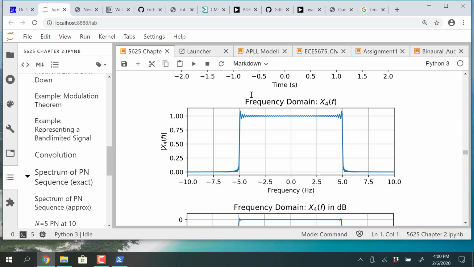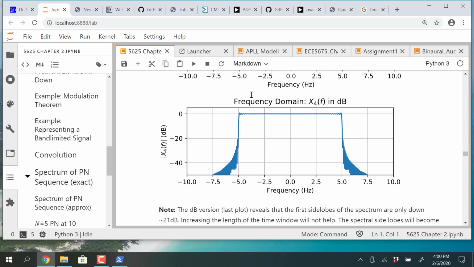At points of discontinuity, it fails to work properly. It has this ringing near that discontinuity point. So I did it in dB, and when you talk about digital filter design, which I'll maybe talk about at some point, Chris saw this in modern DSP, but it happened really at the end of the semester. The first side lobe is down only 21 dB from this flat spot.